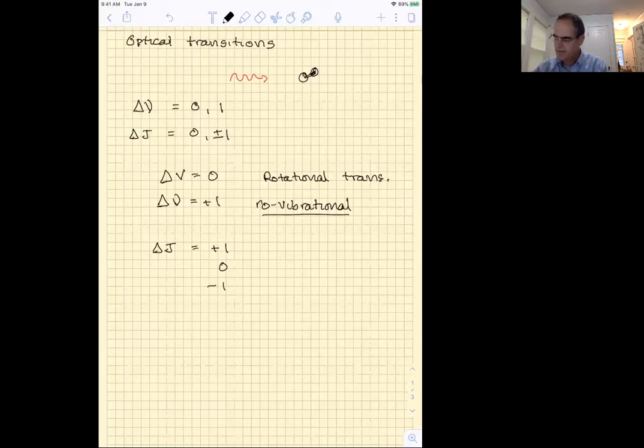Transitions where delta J is +1 are called R-branch transitions. Those in which the change is -1 are called P-branch. And those in which delta J is 0 are called Q-branch.